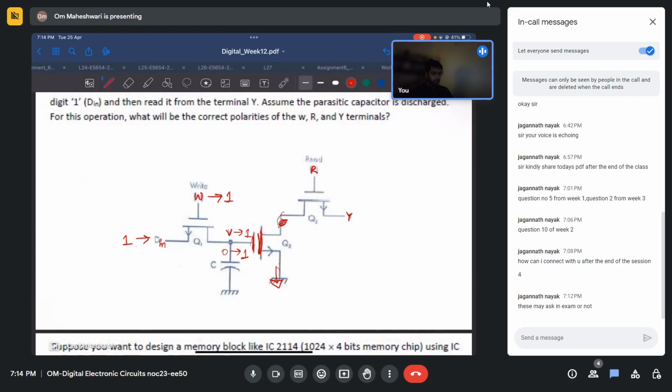Now to pass this ground here, you need to turn on this R is 1, then Y will go to 0, which is the read condition. So you read this. So for this W is 1, R is 1 and Y is 0.